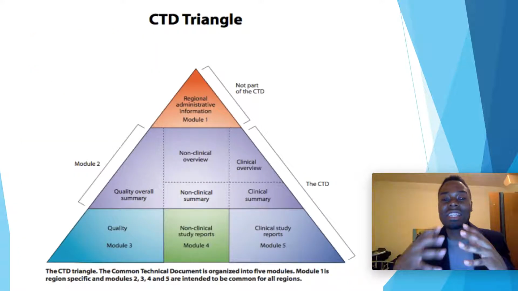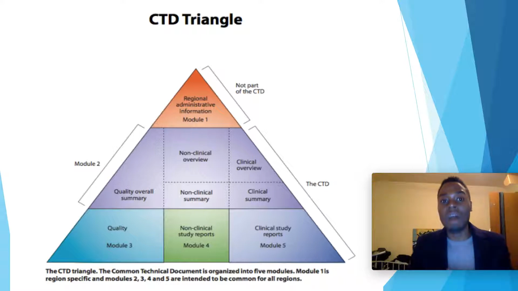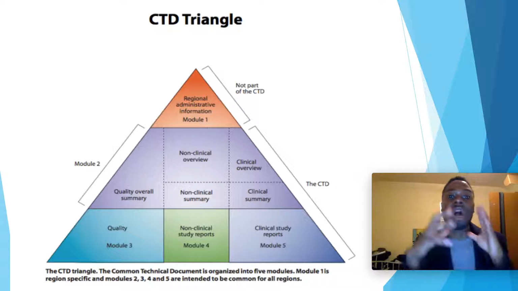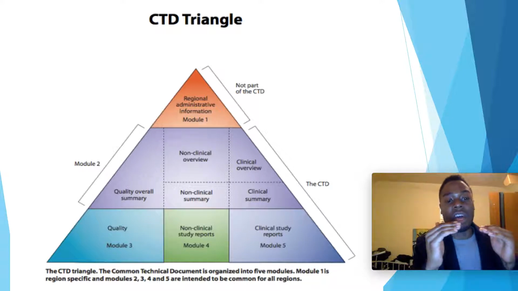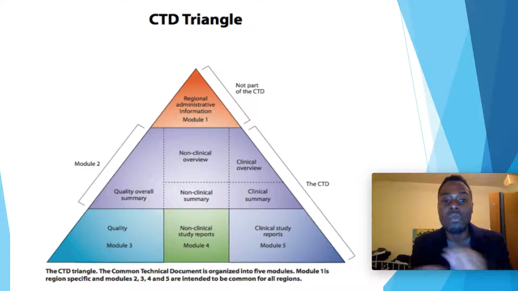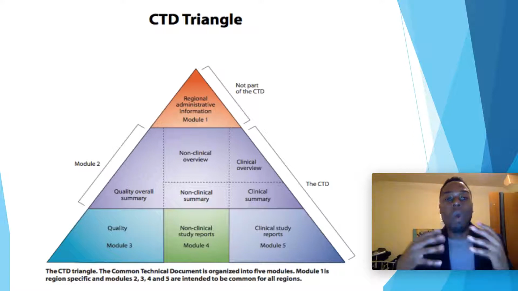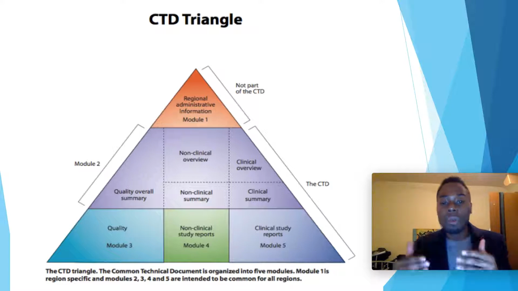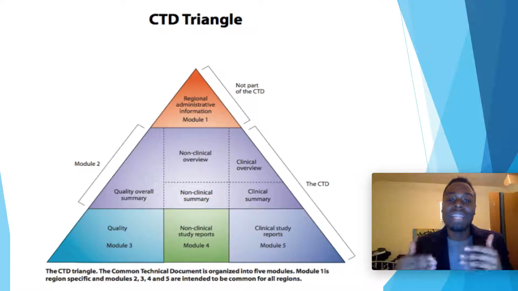So this is the diagram I was talking about, the CTD triangle. And as you can see, it shows all the modules there. You have module 1, which is regional administrative information, and module 2, which covers a variety of things such as the quality overall summary, non-clinical overview, non-clinical summary, clinical overview, and clinical summary.